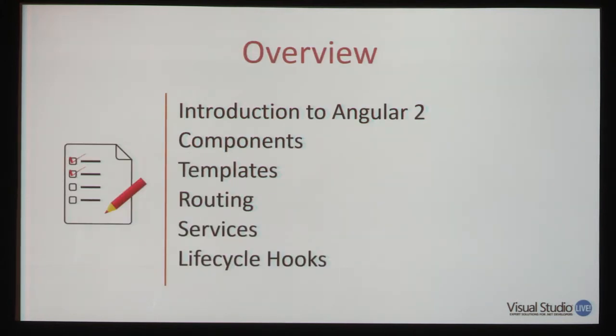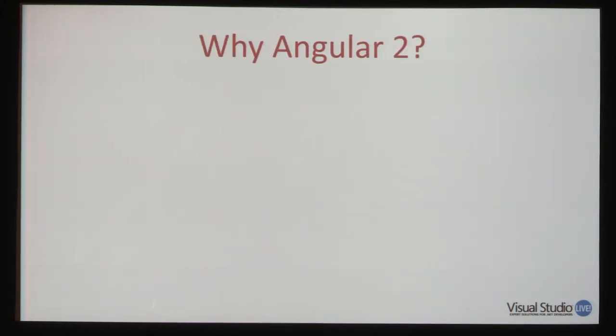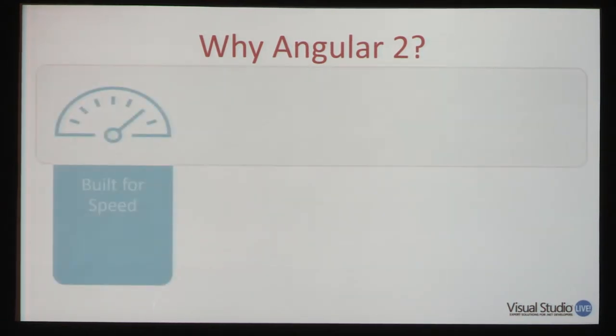All right, so this is what we're going to talk about, and we're going to start with why is there even an Angular 2 out there? Since we had such a popular Angular 1, why do we even need an Angular 2? Well, one of the reasons is performance. They spent a tremendous amount of time, and they're still working on improving the performance.